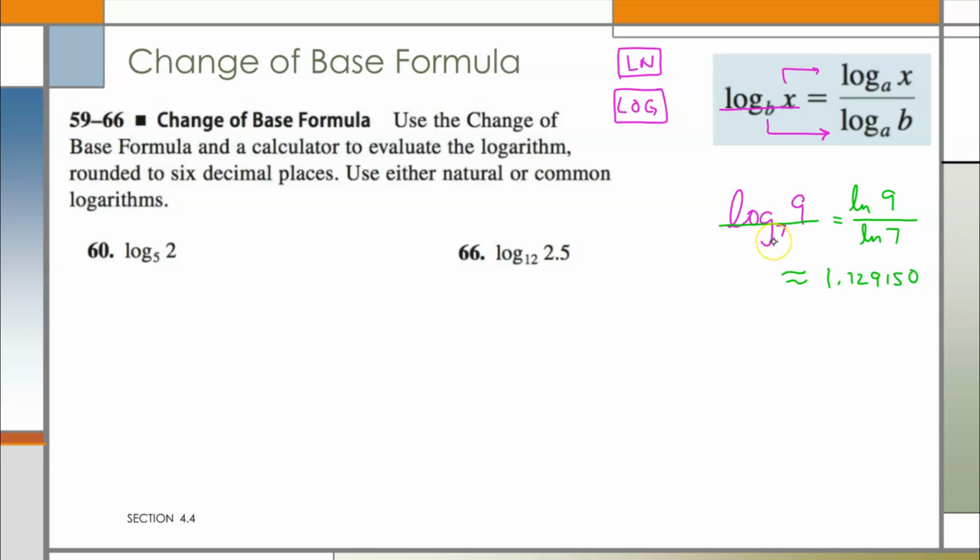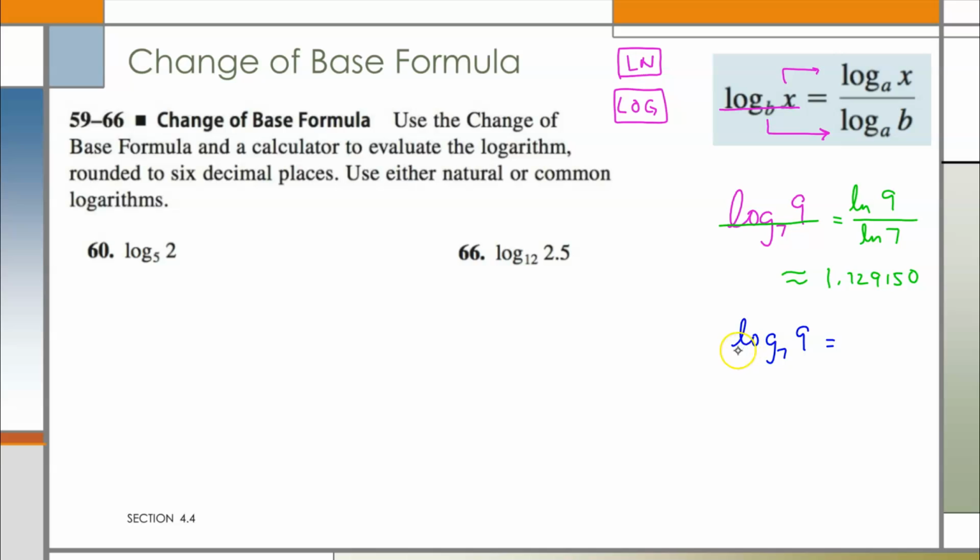I couldn't directly do log base 7, but if I change to the natural base, base e, my calculator can do a quick calculation, ln 9 over ln 7. Again, it doesn't matter what base you pick, you're going to get the same thing.